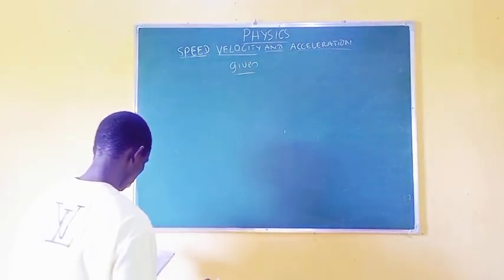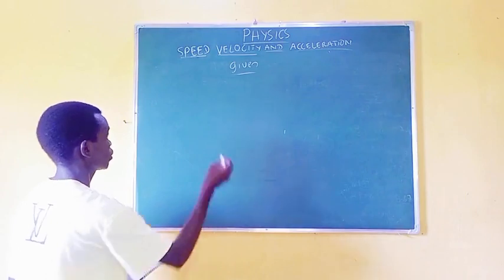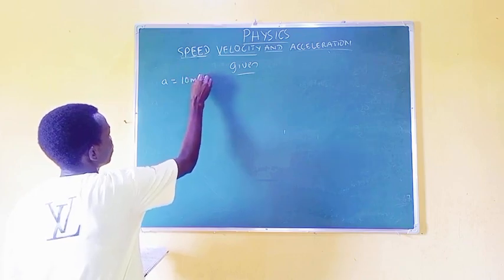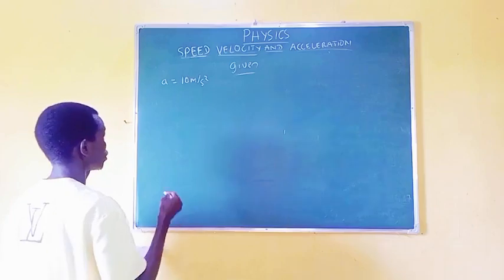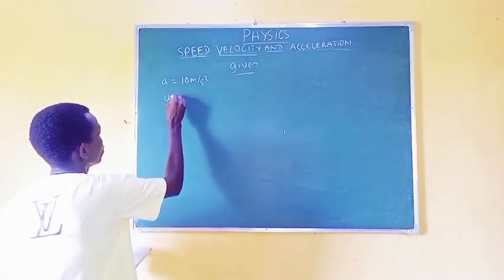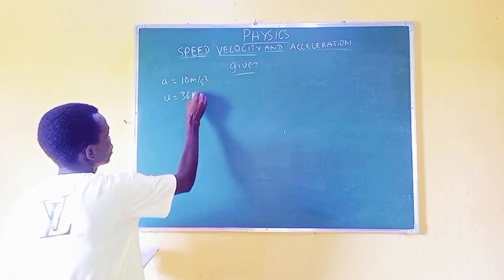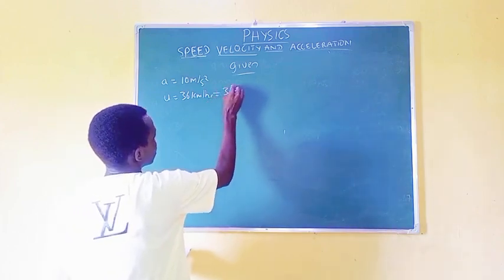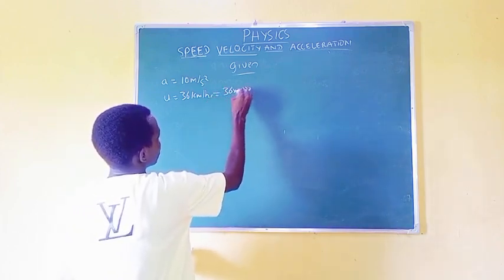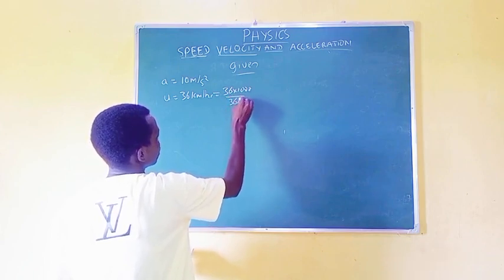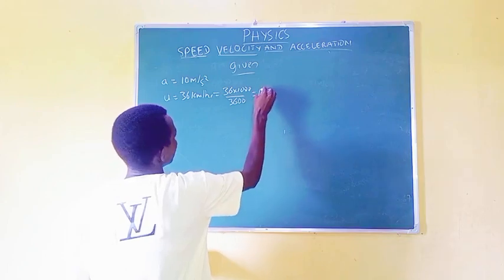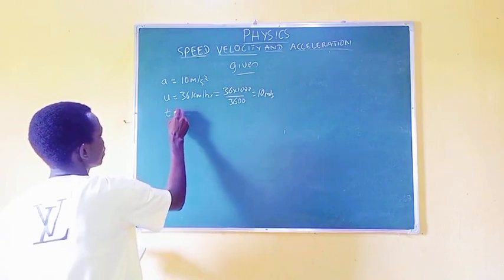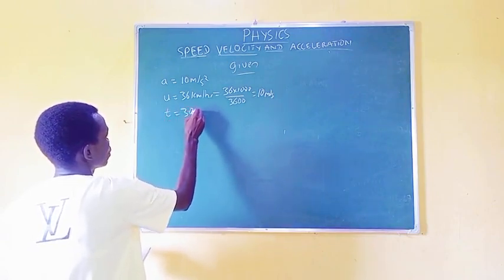From the question, we have uniform acceleration a is equals to 10 meters per second square, and the initial velocity u is equals to 36 km per hour, which is equals to 36 times 1000 over 3600. We have 10 meters per second, while the final time is equals to 30 seconds.